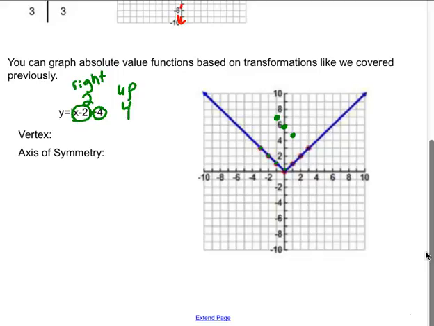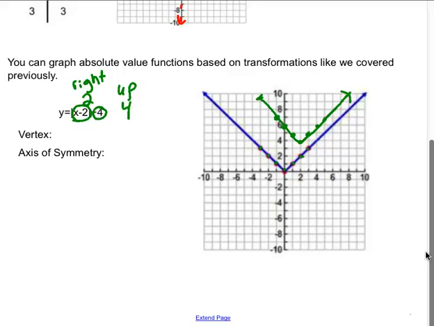This point, right 2, up 4. This one, right 2, up 4. And finally that one. And what you'll notice is now that is my new function.